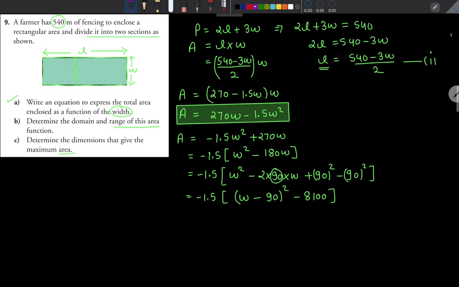Now we can multiply the negative 1.5 inside. This whole function will be negative 1.5 times W minus 90 whole square, and this became positive, and 8100 times negative 1.5 will be 12150. Now we have the whole area function.